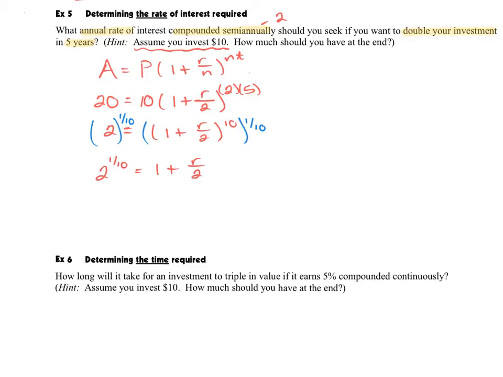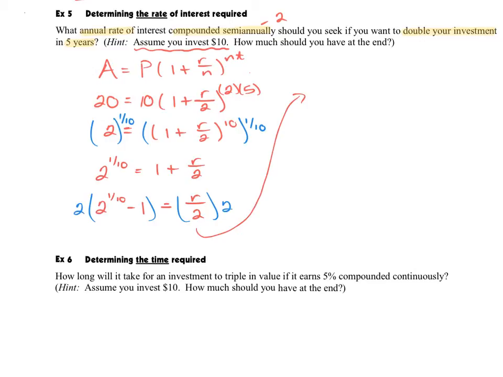I can subtract my 1, so now I'm going to have 2 to the 1/10th power minus a 1 equals r over 2. Then I can multiply both sides by 2. And now I have my answer in a form that I'm ready to type into my calculator.